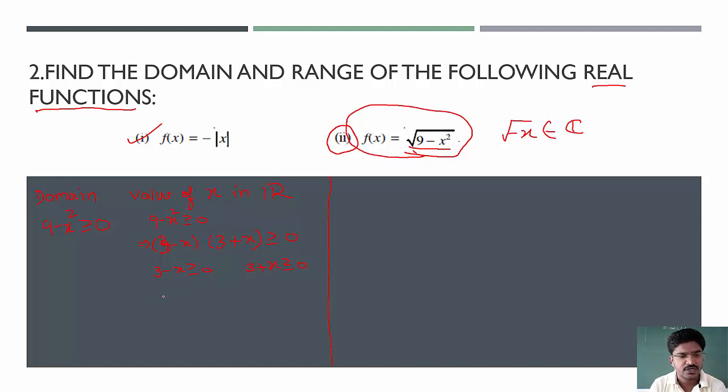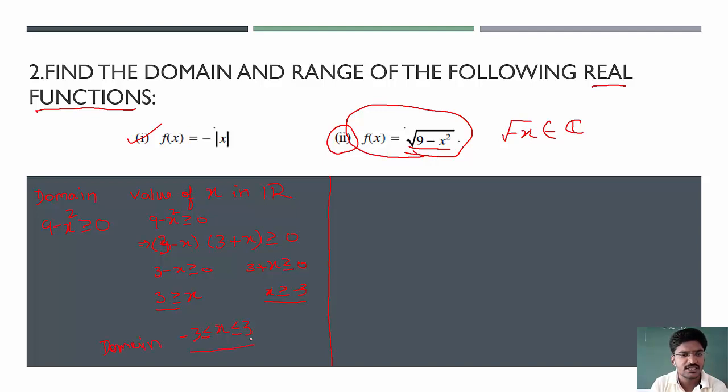So 3 is greater than or equal to x, that means x is lesser than or equal to 3. Here, if you simplify, x is greater than or equal to minus 3. So x is greater than or equal to minus 3 and the same x is lesser than or equal to plus 3. So this is your domain.